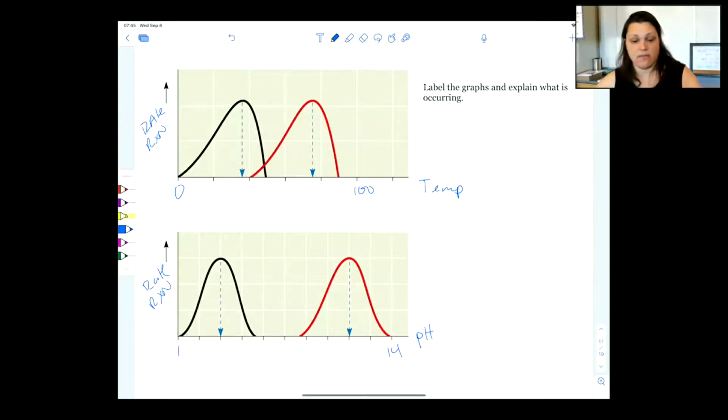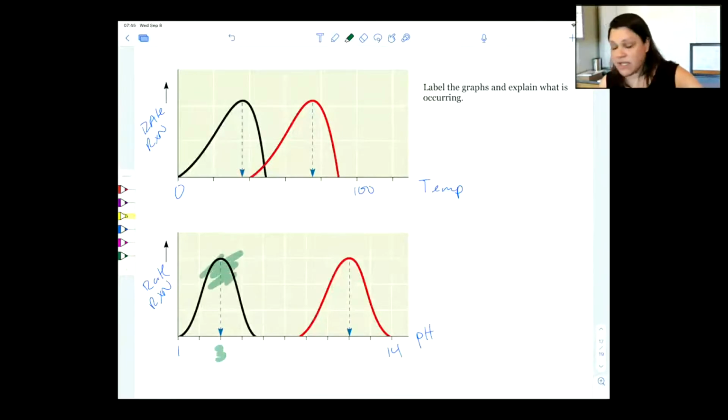And what should become very clear to you is that enzymes have different temperature affinities and they have different pH affinities. For example, if we look down here, this is a pH of 3. So in your head, you should be saying, well, this is an enzyme that really likes an acidic environment.